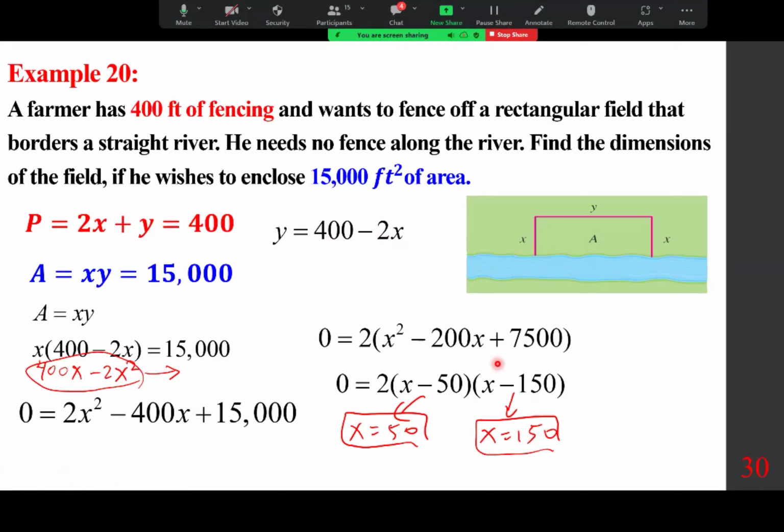If it's 150, 2 times that is 300, 400 minus that is 100. So these are two different answers, 50 by 300 or 150 by 100. And notice both of them give you the same perimeter of 400 feet and the same area of 15,000. There happen to be two sets of answers.